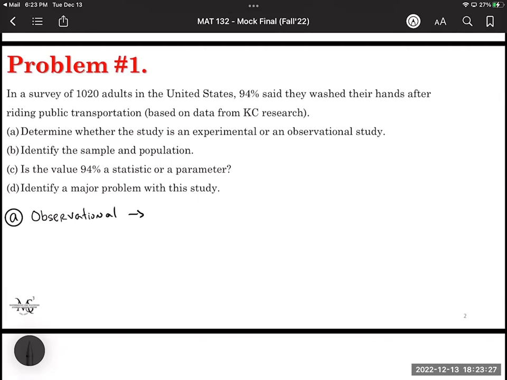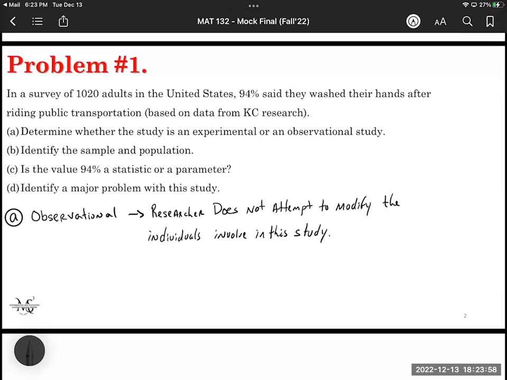So the reasoning is that the researcher, whoever is conducting the study, KC namely, does not attempt to modify the individuals involved in this study.